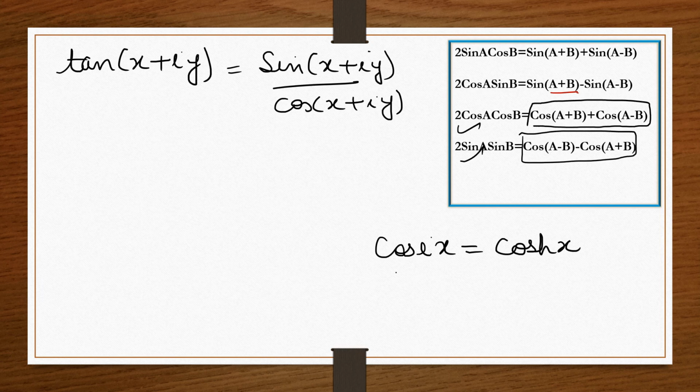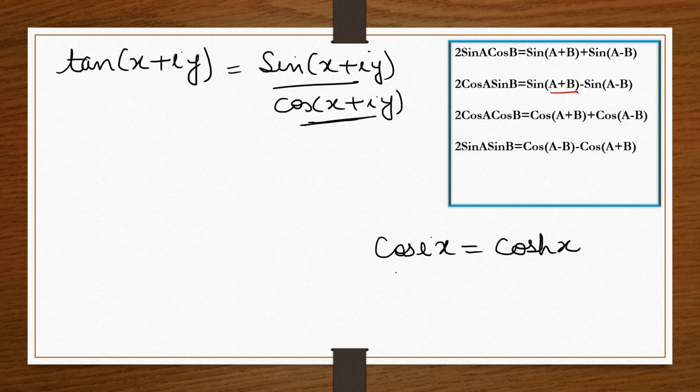So we'll try to convert our denominator into either this form or this form, because I want cos in the denominator. Why? Because in cos we don't have iota. And I want my denominator to be free from the iota, as I told you earlier. So we'll convert the denominator into this form or this form.